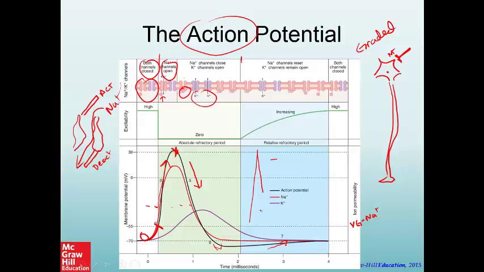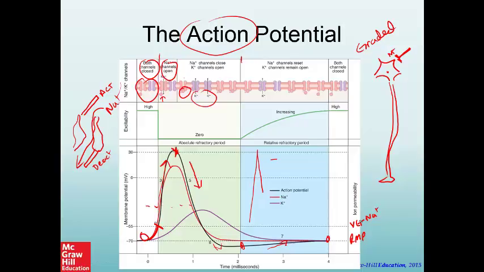So beyond that point, until the resting membrane potential, which is now hyperpolarized at the end of the absolute refractory period, gets back up to normal resting membrane potential, you're in a relative refractory period.